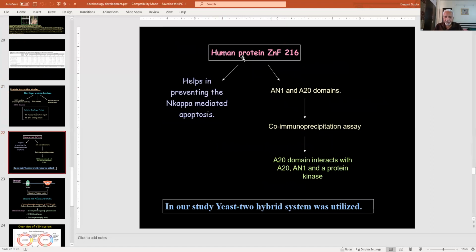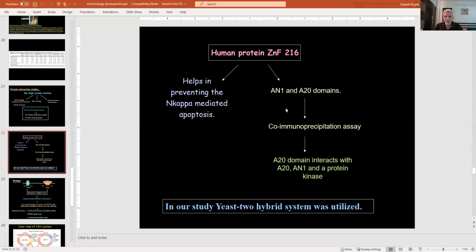Only one protein was first reported, the human protein named ZNF216, which helps prevent NF-kappa B-mediated apoptosis. This protein has both the AN1 and A20 domains, like what we have in our gene.